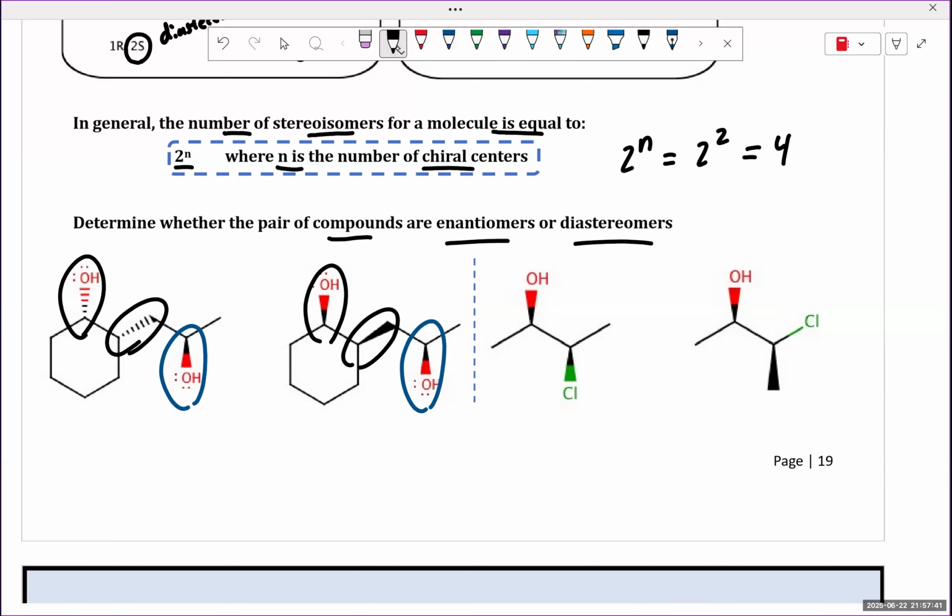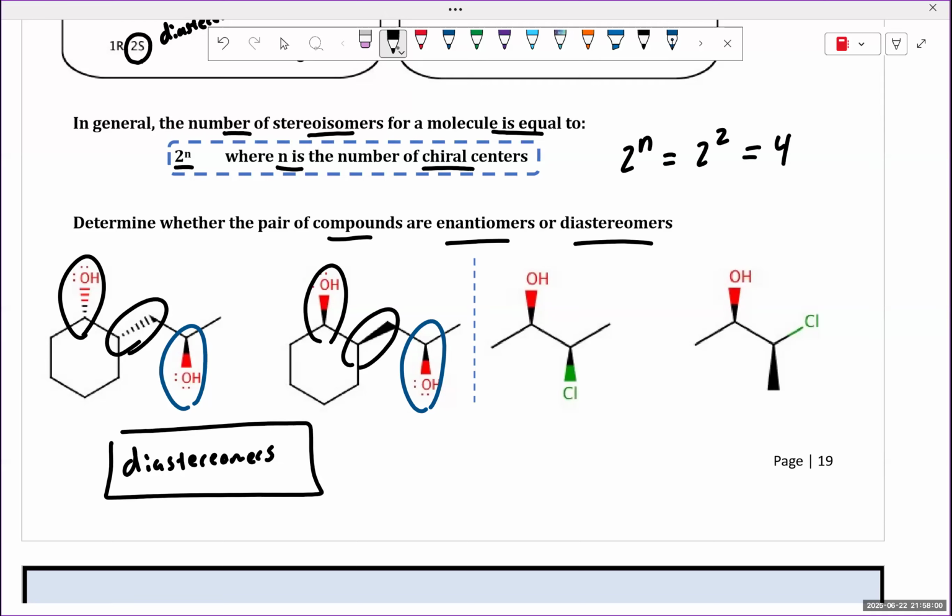So because we have different configurations at 1 or more, but not all of our stereocenters, these represent a pair of diastereomers. They have the opposite configuration at 1 or more, but not all of the stereocenters.